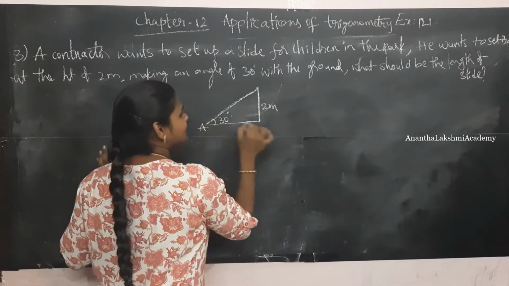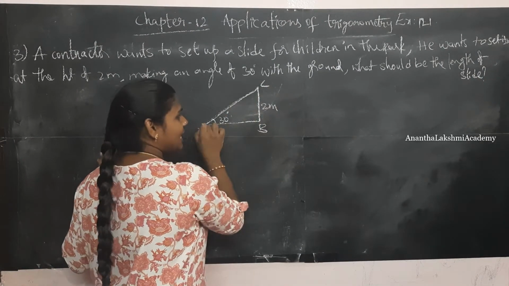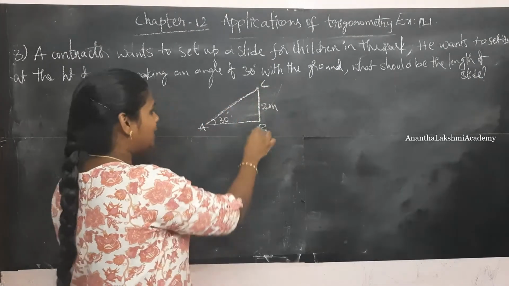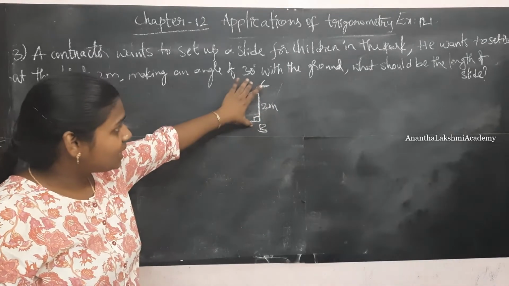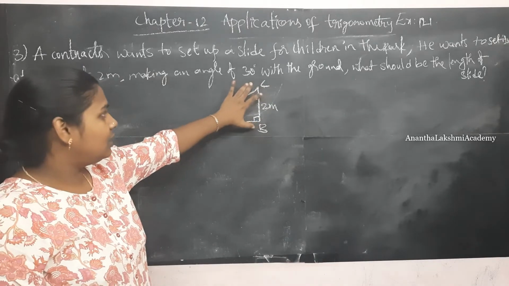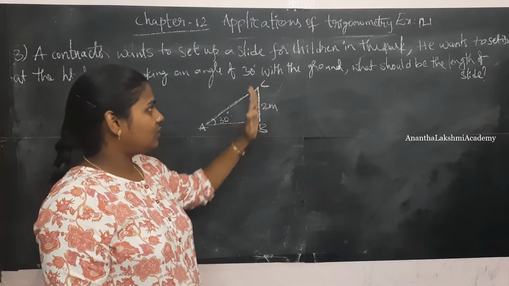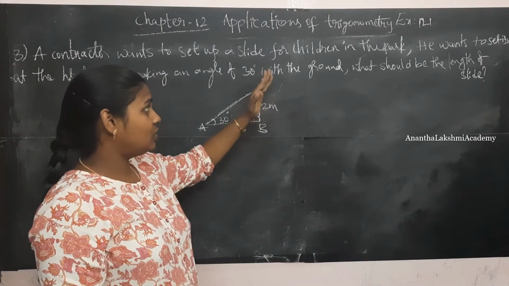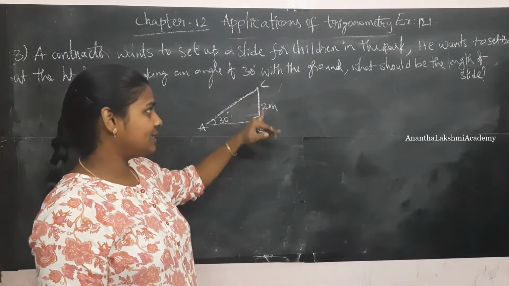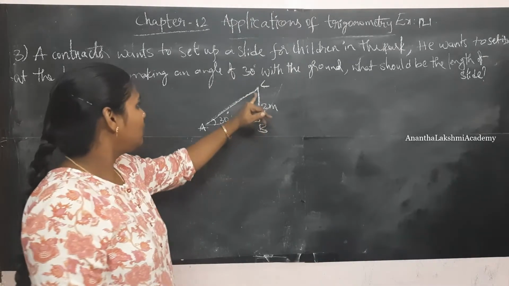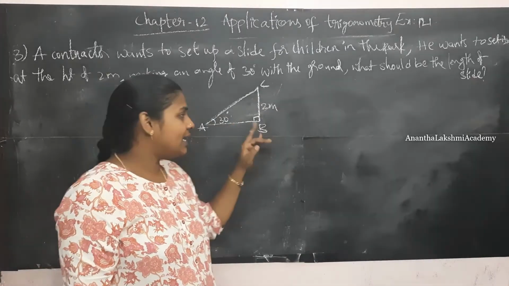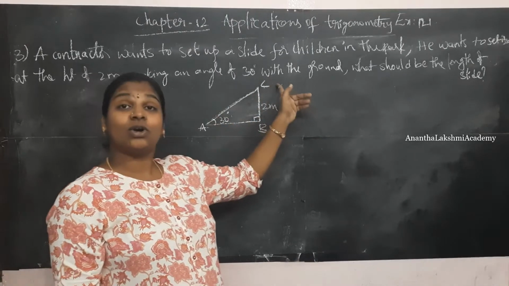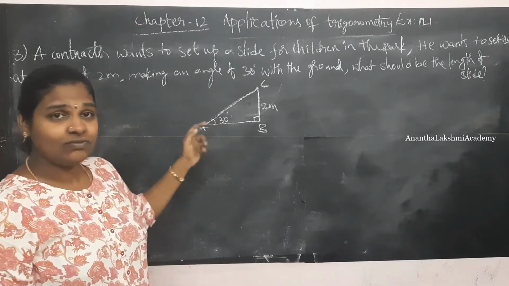Let us name the triangle quickly: A, B, C and the right angle. The height of the slide from the ground is going to be 2 meters, and it is making an angle of 30 degrees with the ground. Any angle which is looking at a taller object is known as the angle of elevation.